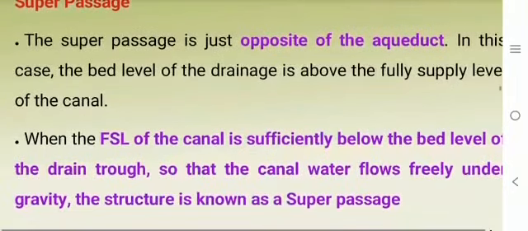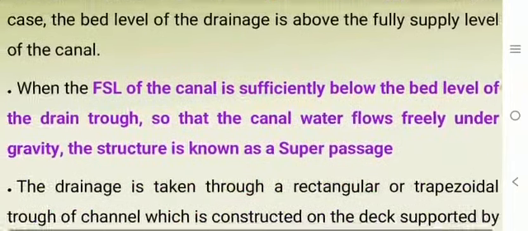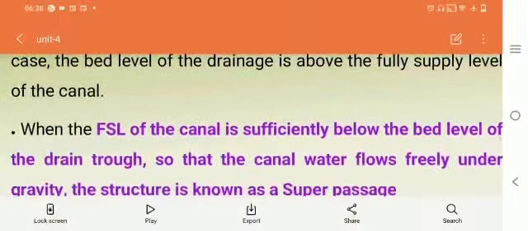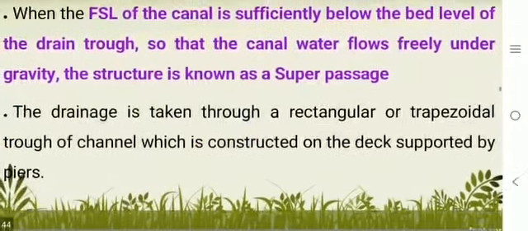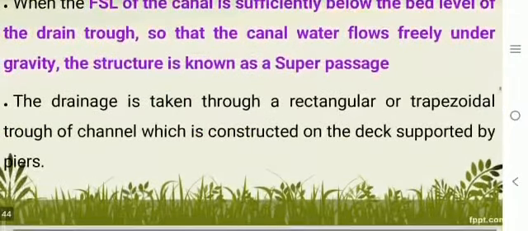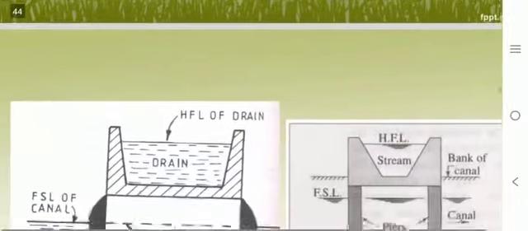And the next one is super passage. The super passage is just the opposite of the aqueduct. In this case, the bed level of the drainage is above the full supply level of the canal. When the full supply level of the canal is sufficiently below the bed level of the drain trough, so that the canal water flows freely under gravity through the structure, it is known as a super passage.